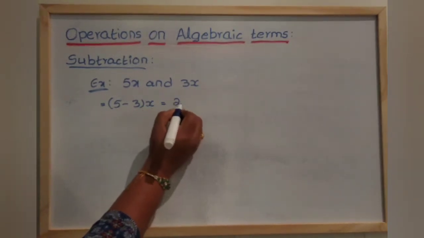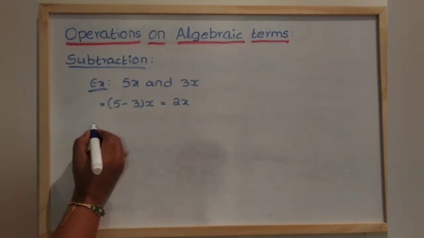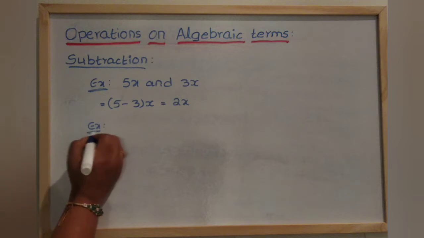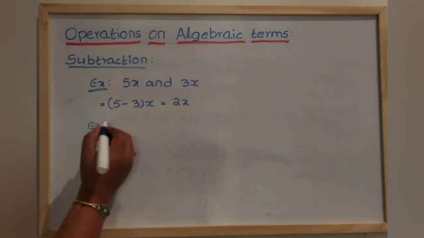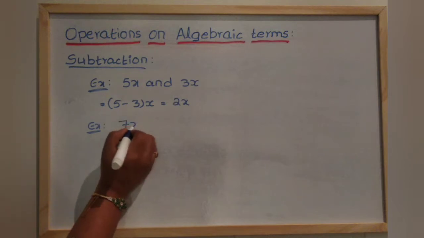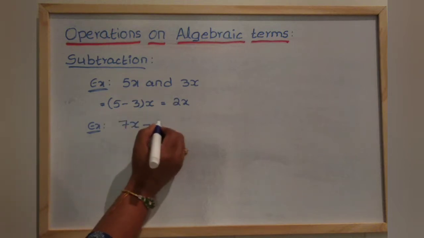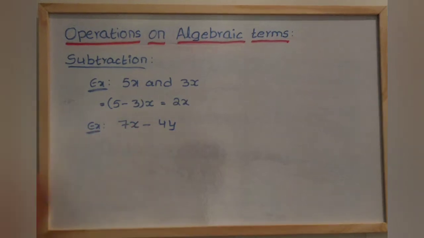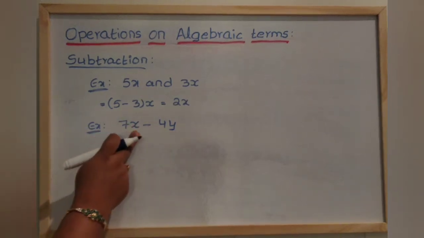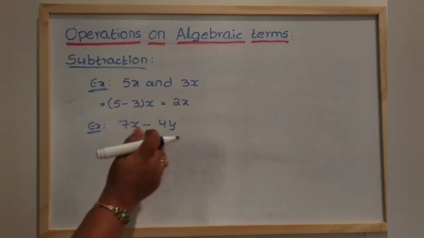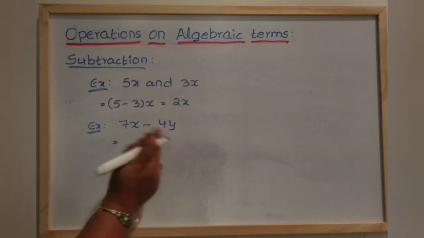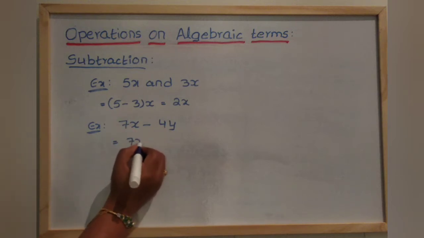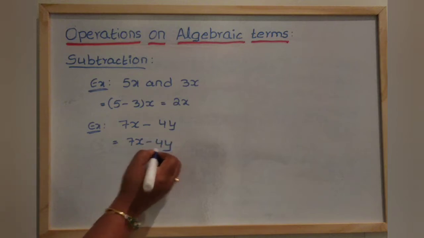That is equal to 2x. Let us consider one more example. 7x minus 4y. In this case, variables are not same. So, we cannot subtract the coefficients. It is written as it is.